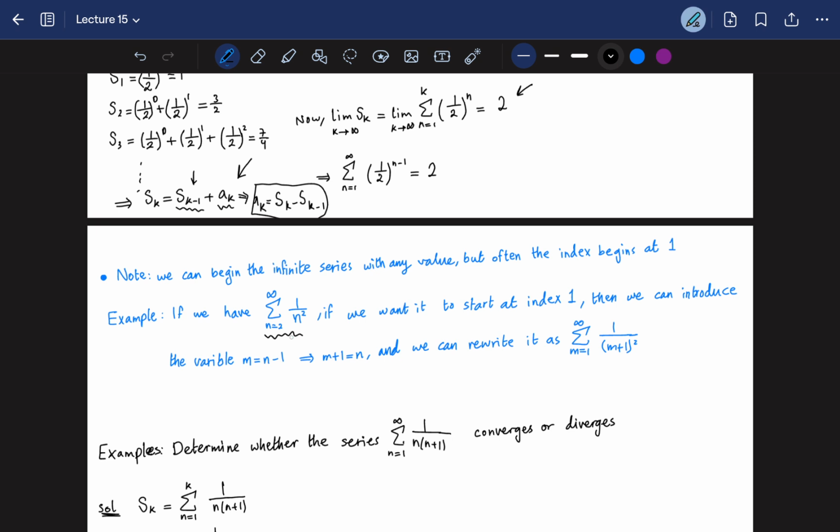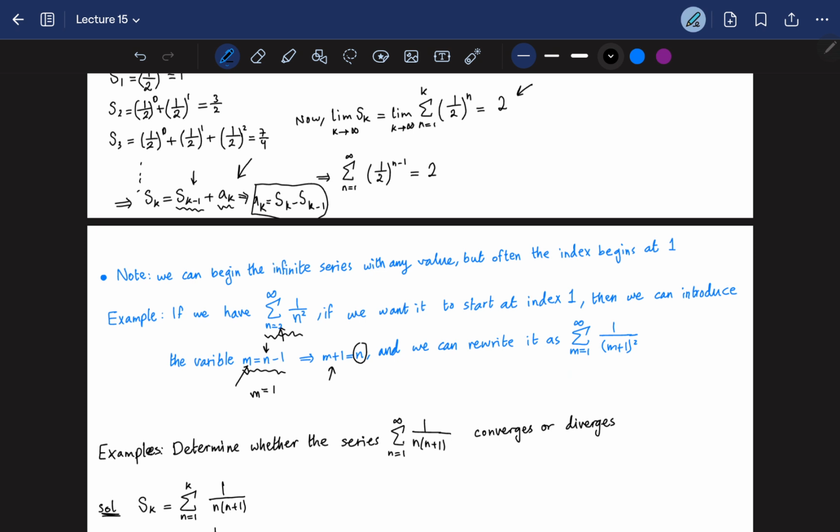If I want this series to start at n equals 1, what I do is some sort of substitution. So let's take a new variable m and make it n minus 1. So now n is m plus 1. Now n starts at 2, so m is going to start at 1, because once you plug in 2 here, you're going to get 2 minus 1, which is 1.